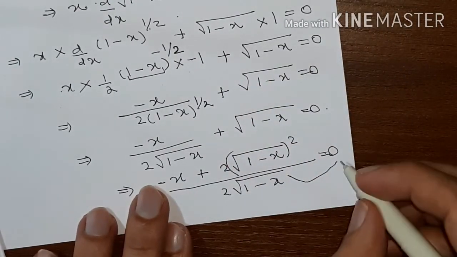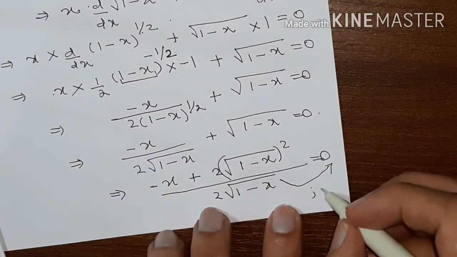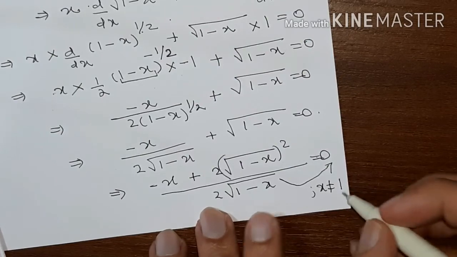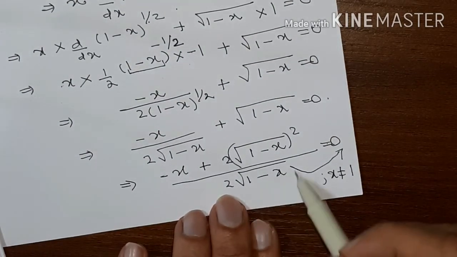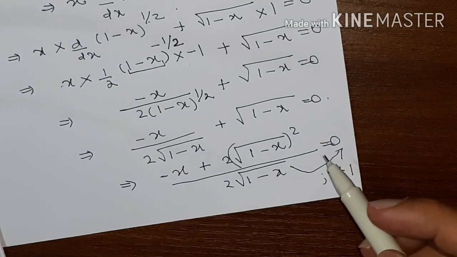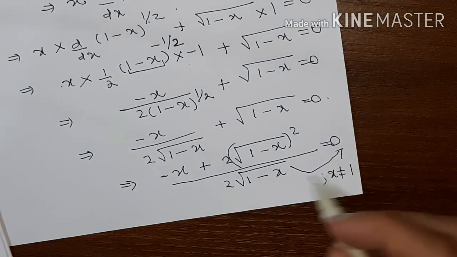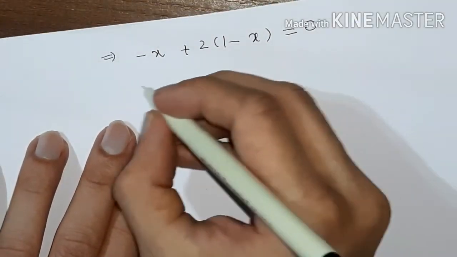If you take this 2 root of 1 minus x on the other side, okay, that means what should be the condition? x should not be equal to 1. Okay, because if x is 1, then this becomes 0, and then you cannot divide on both sides. Okay, so x is not equal to 1, and so that you get what? Minus x plus 2 times 1 minus x equal to 0.